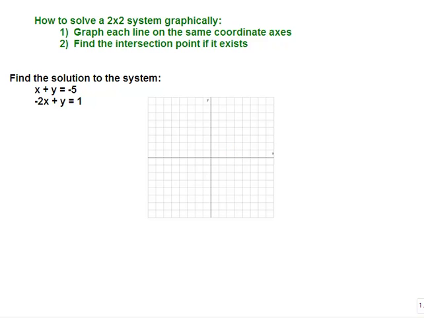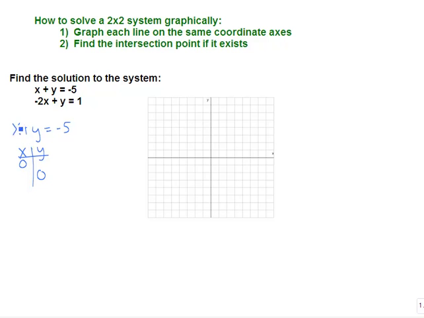So if we start with this first equation, x plus y equals -5, and we want to graph this, a very simple way to graph this, because it's in that standard form already, is to find the intercepts. So we could make a little xy table and find the 2 zeros. We're going to let x be 0, and we're also going to let y be 0.